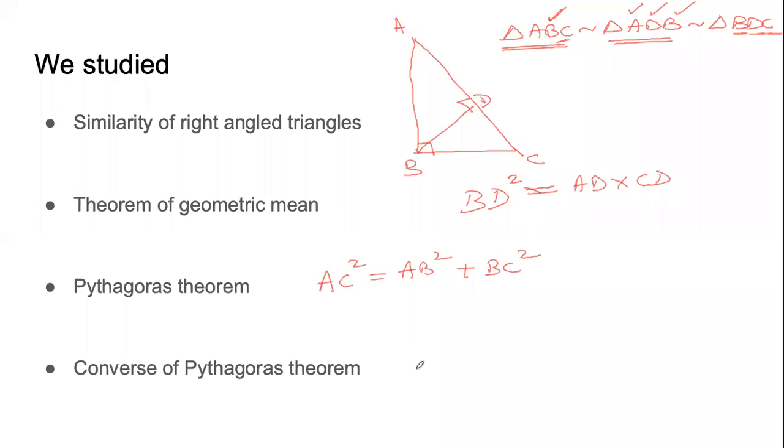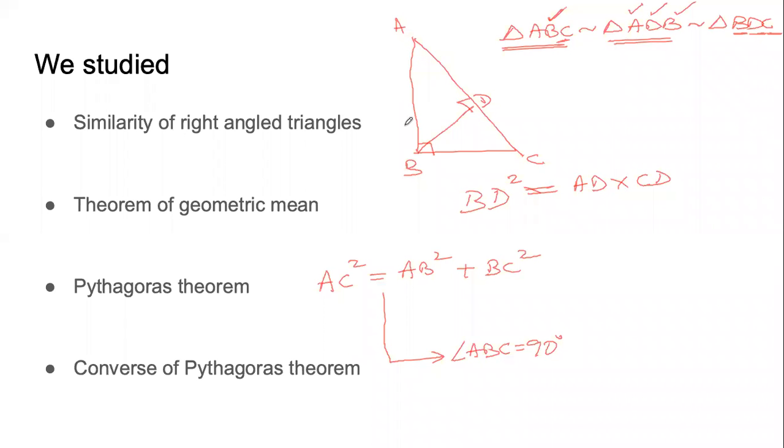Finally, the converse of the Pythagoras theorem is that if we have a triangle with sides AB, BC, and CA such that AC square equals AB square plus BC square, then angle ABC equals 90 degrees. That means triangle ABC is a right angle triangle. This is what we have studied so far in this chapter.